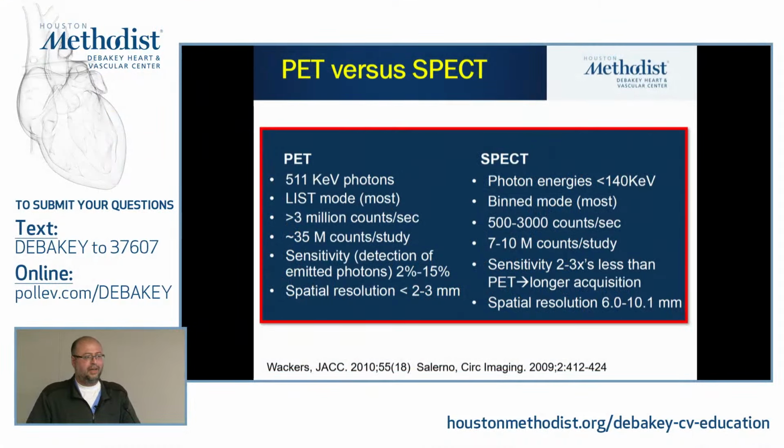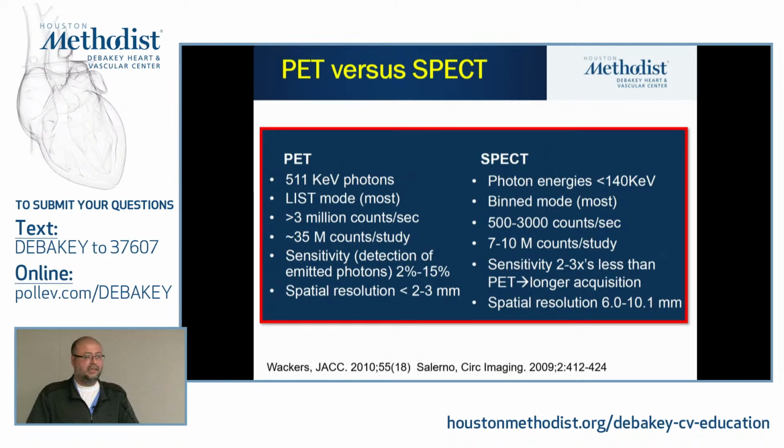between PET and SPECT. The photons that are emitted in PET are 511 keV compared to 140 keV with SPECT. We acquire in list mode, so that's why we are able to do blood flow, and we usually get a good quality study. That's why what we see here is more than 3 million counts per second.